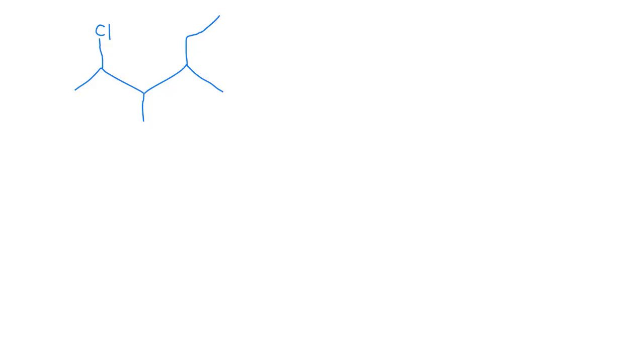I want to take just a brief moment to go over this because I realized that I didn't really talk about this last time. In a skeletal structure, none of the bonds to hydrogen are shown, and the carbon atoms are not explicitly shown either. But every corner and every end that's not labeled is a carbon atom.